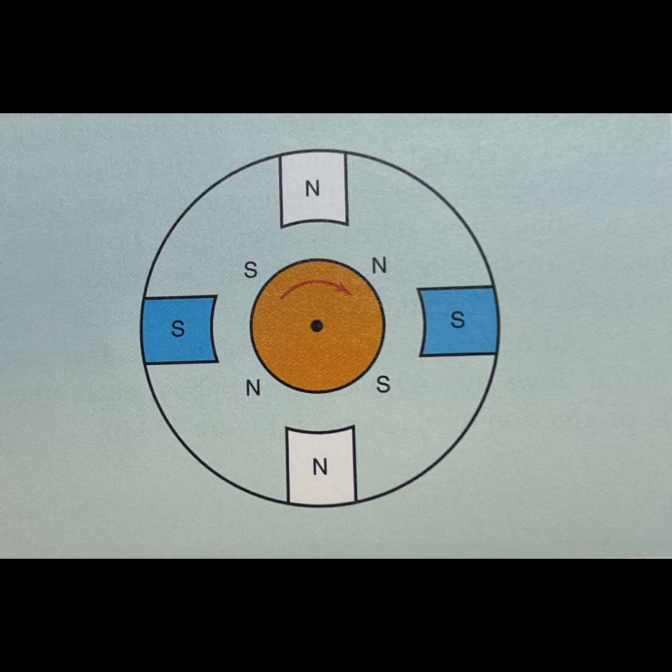The shunt field winding is made with many turns of small wire. It has a high resistance, and it is designed to be connected in parallel with the armature. Since the shunt field is connected in parallel with the armature, line voltage is connected across it.